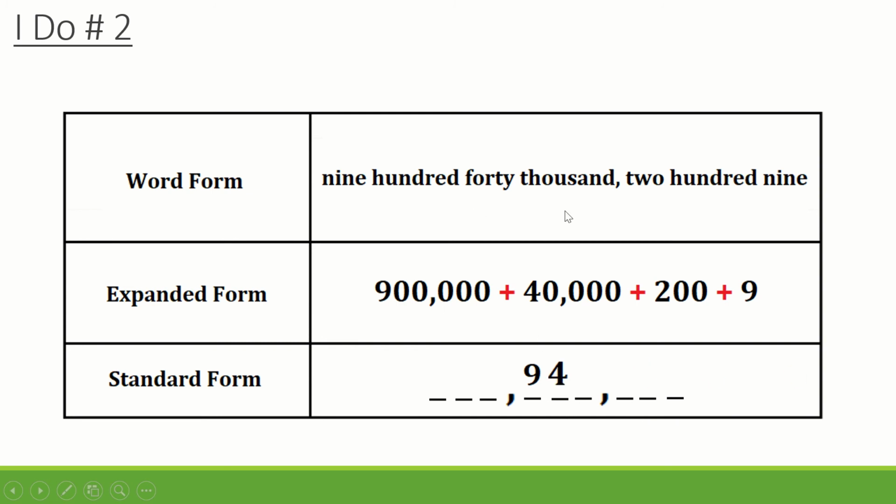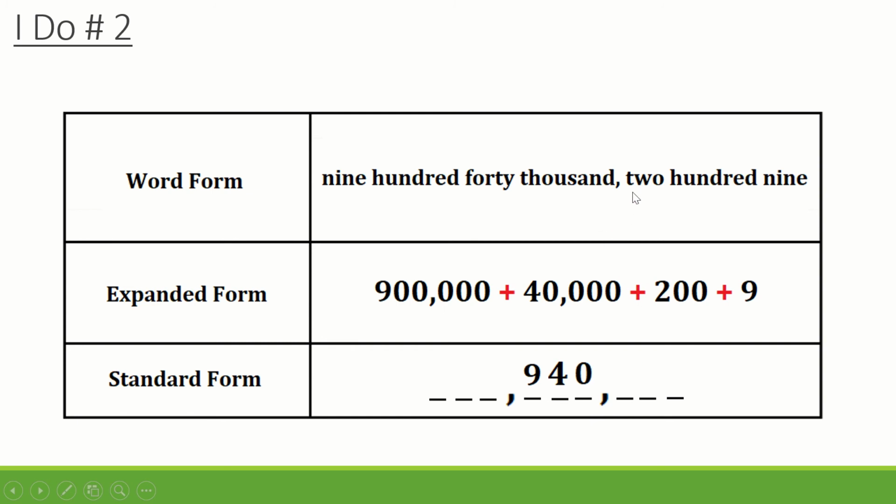I do not have a digit of value in my thousands place. I simply have a digit of value in my 100,000s place and my 10,000s place within the thousands period. And that is also shown here as we go from 900,000 to 40,000. And then we skip the thousands place and jump straight into the hundreds place. So here in my thousands place, I'm going to put a 0.